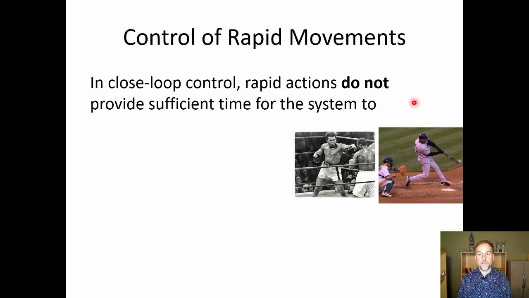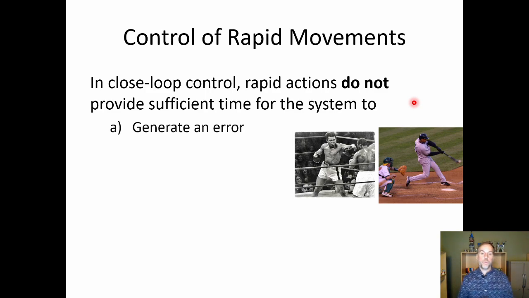It's a very fast movement. There's not infinite time for corrections. If you think about a batter, they might realize midway through the swing that it's a curveball and they need to move their bat, but by the time they realize that and make the correction, their bat has swung through and the ball has gone by.